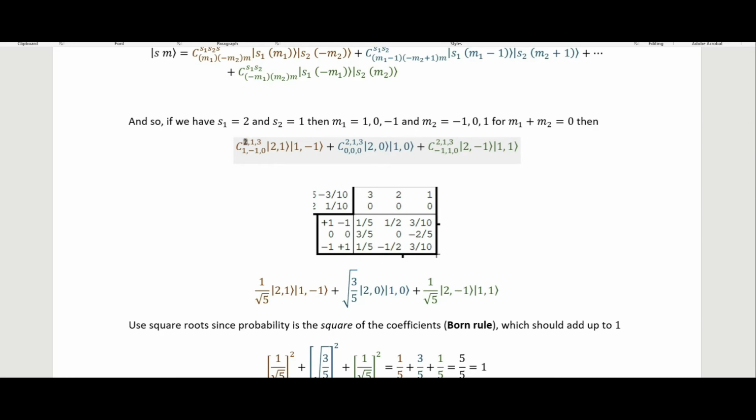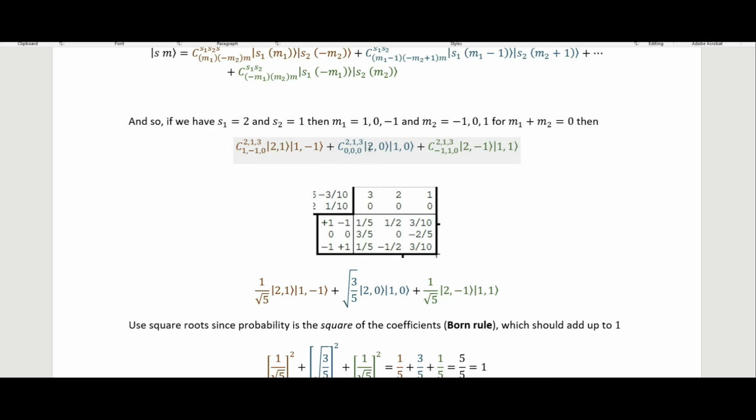The first one is S1, which is 2. The second number is S2, which is 1, and the third number is S, which is S1 plus S2. Then down here, the first one is our M1, then this is our M2, and then M1 plus M2 is this third number here, this 0.